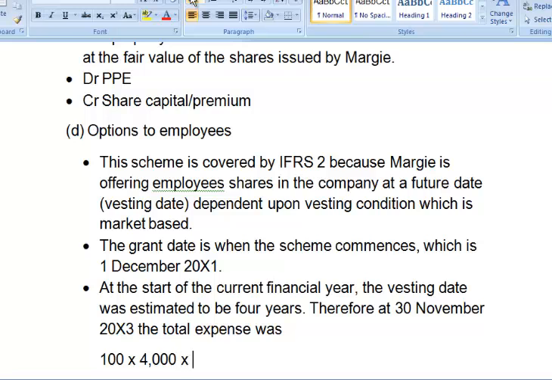The fair value of the shares was $10, and we were 2 years into a 4-year scheme. So the total expense at the start of the year was $2 million.